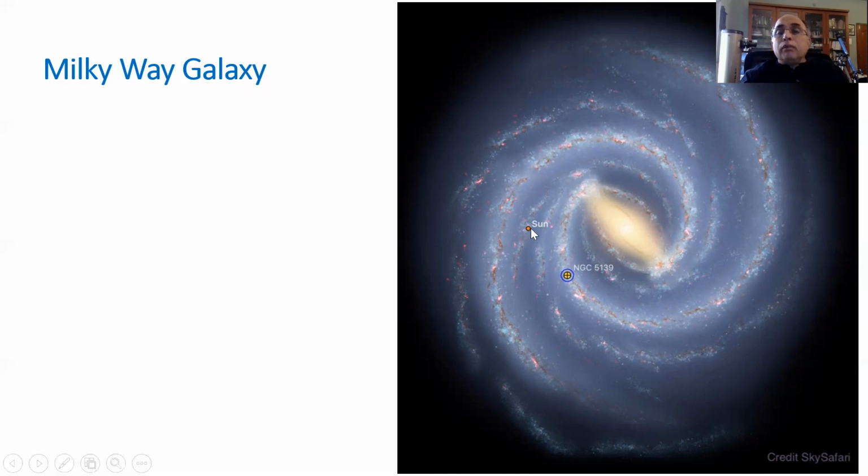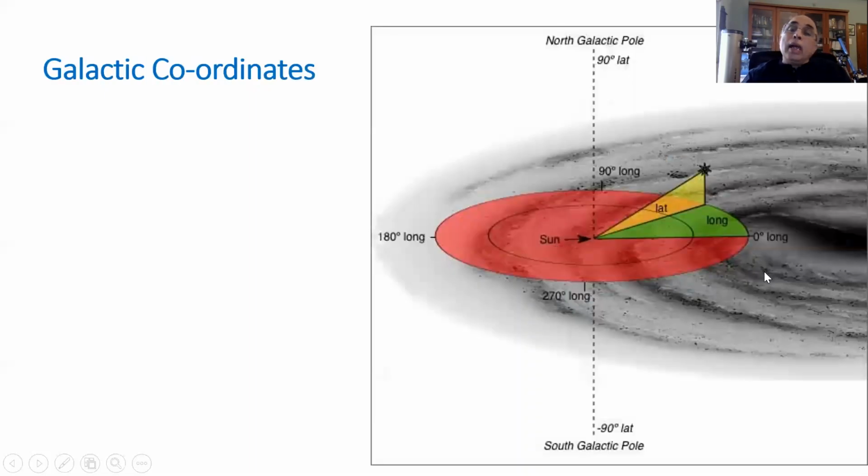Our sun is some two-thirds of the distance from the center, and the sun is rotating about the galactic center. We use a coordinate system using the galactic plane as a reference plane. So we have our sun here in the galactic plane.